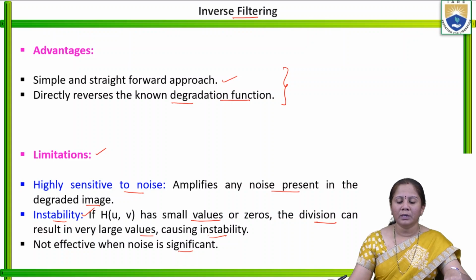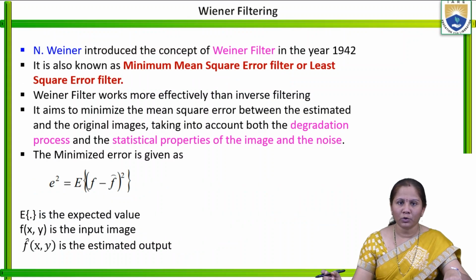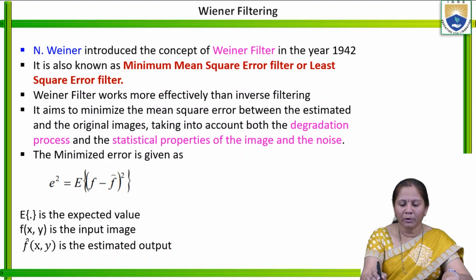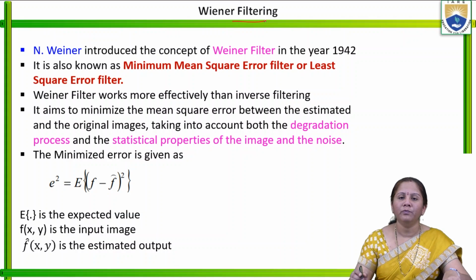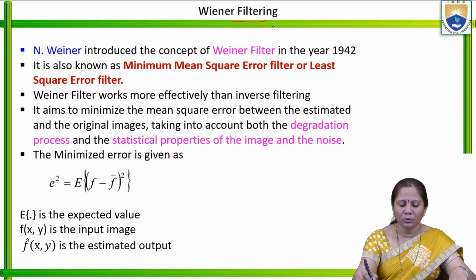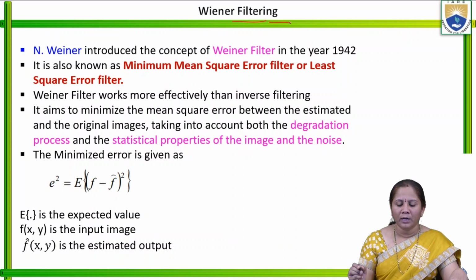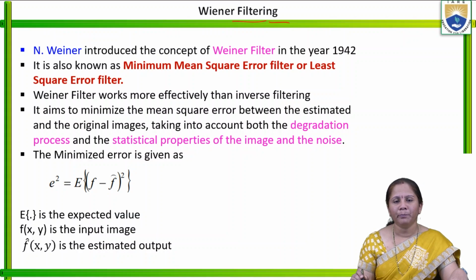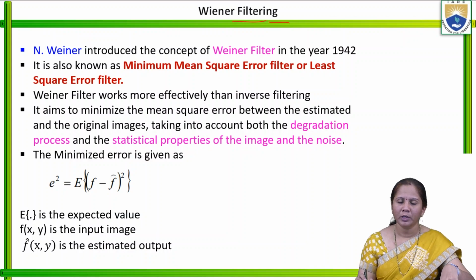Coming to the next type of restoration filter, the Wiener filter. As we know, the purpose of a restoration filter is retrieving the original image from the degraded image. Like the inverse filter, the Wiener filter is also a restoration filter.